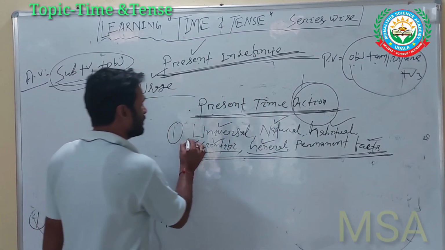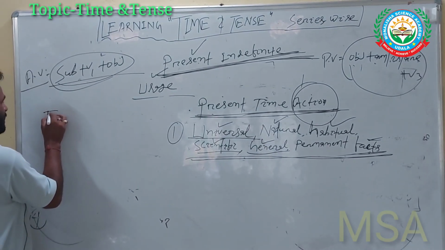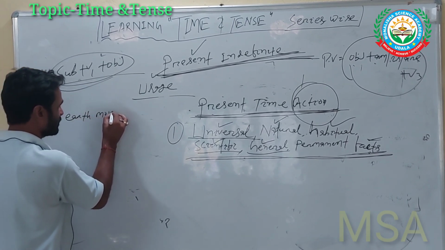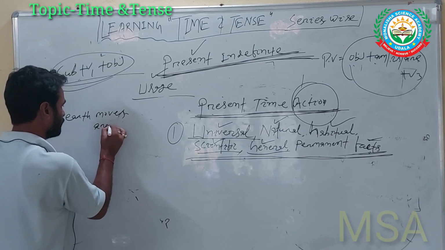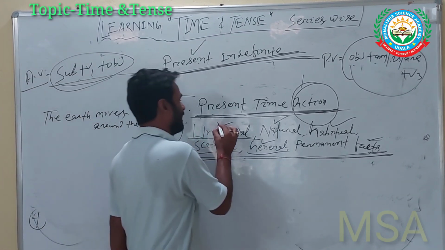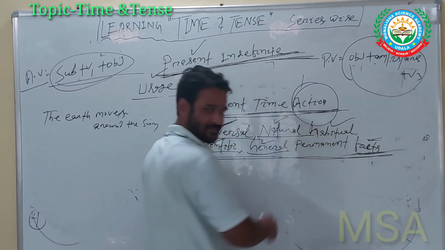The example of a universal fact, the first one, is: the earth moves around the sun. This is a universal fact. Natural facts.